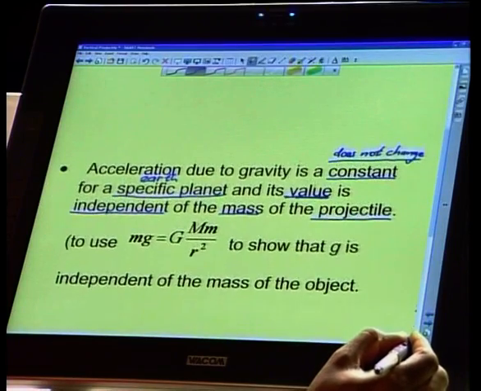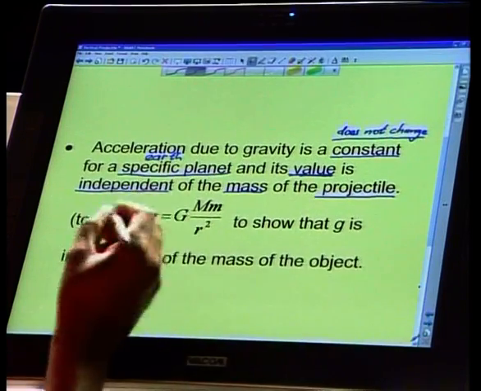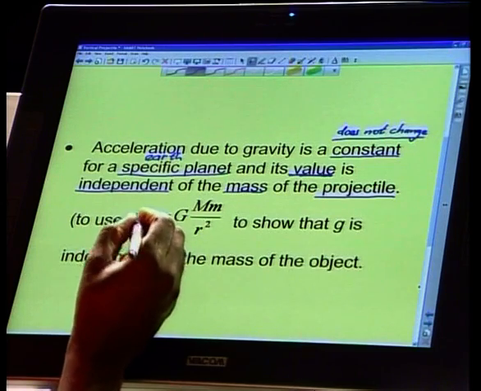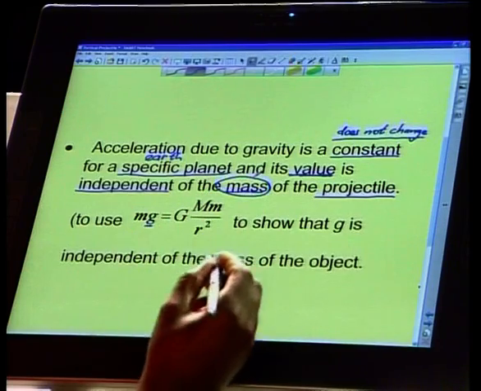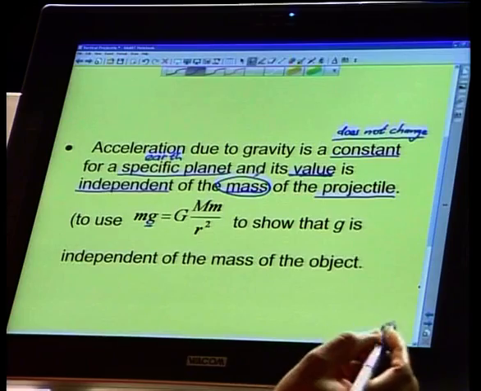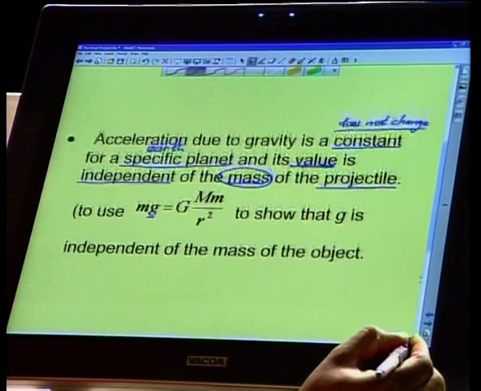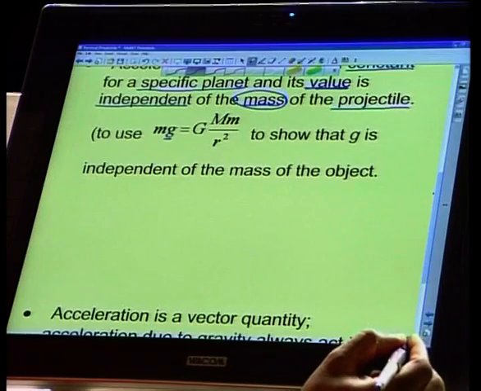Okay, now how do we show that this acceleration due to gravity, this g, does not depend on the mass of the object? How do we show that? Let's quickly have a look at what we started with earlier on.